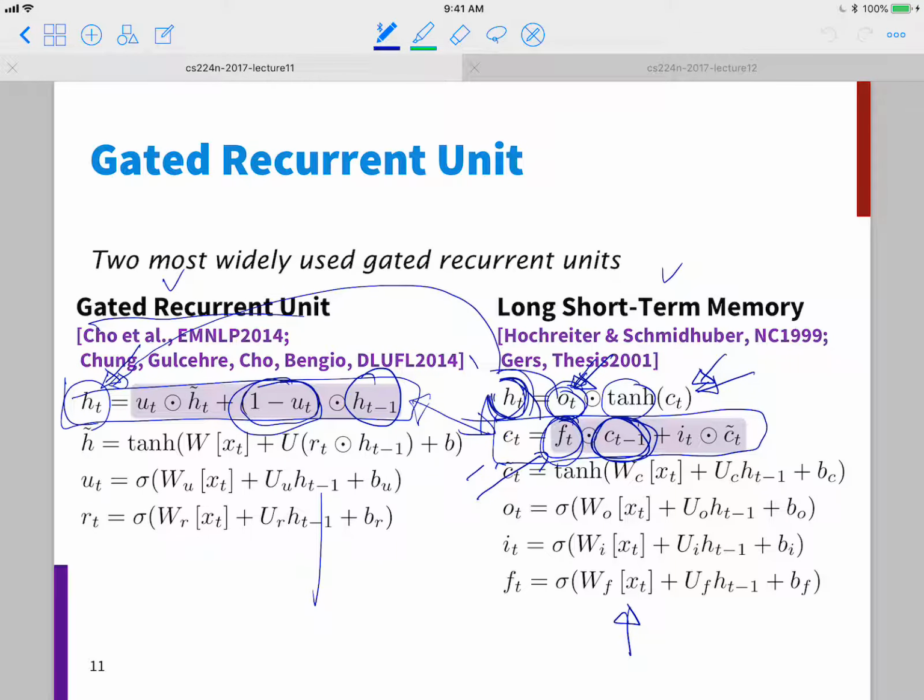But other than that, all these coefficients for the linear combination matrices, or linear transformation matrices, should be initialized to be close to 0. And why is that?